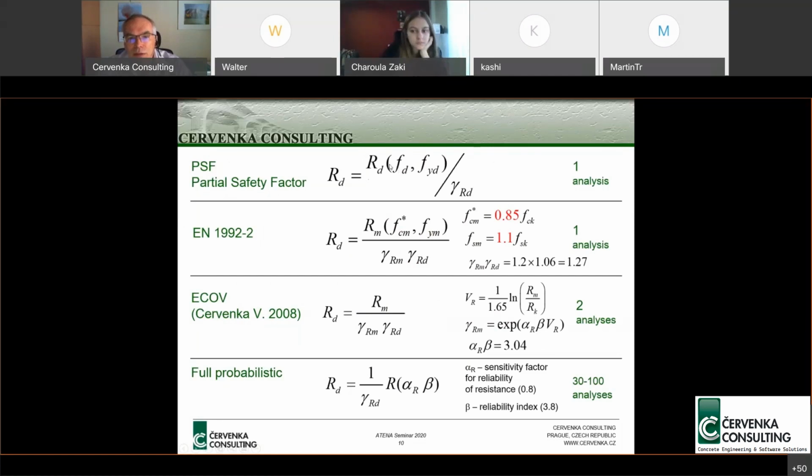So for concrete, we divide by gamma C. For steel, we divide by gamma S, think about Eurocode. Then we can say that such a nonlinear analysis directly gives us the design strength.